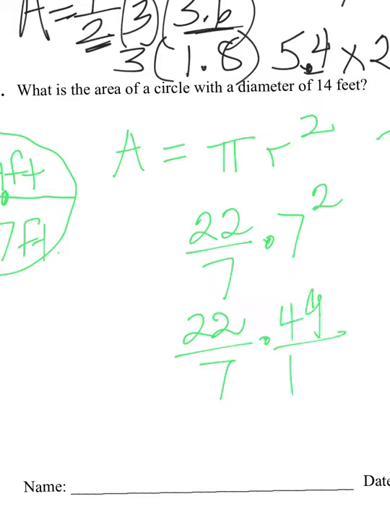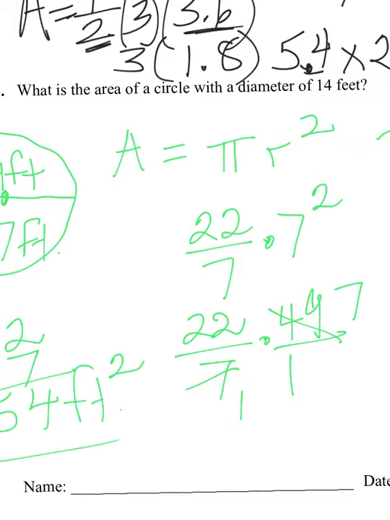Put the 49 over 1. 7 goes into itself once and into 49 7 times. And then all you have to do is multiply 22 times 7, and you get 154. Remember, area is in square units, so that'd be 154 feet squared.